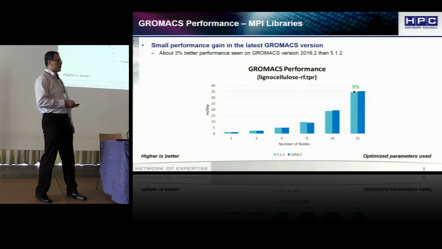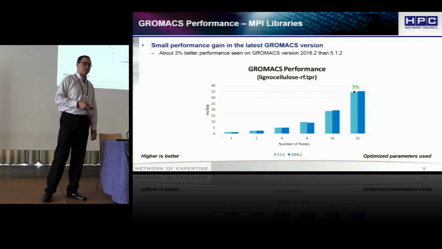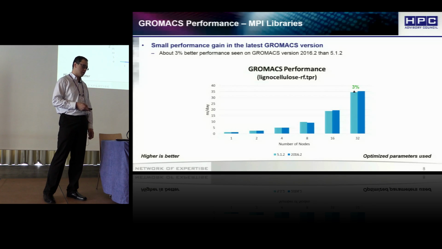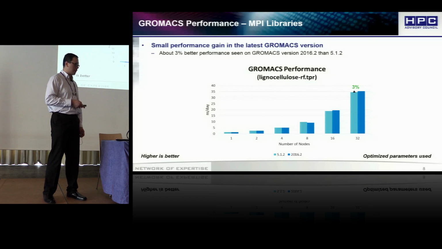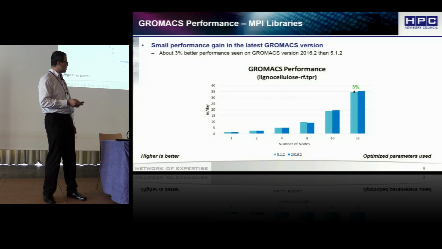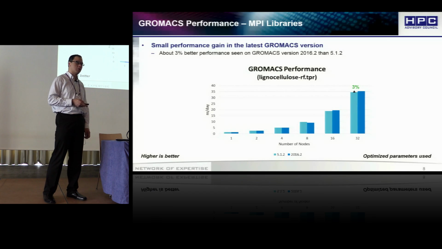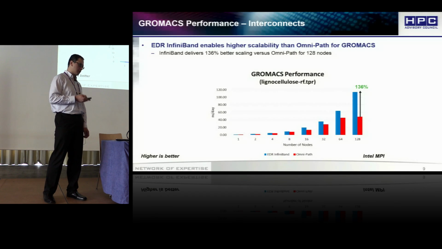The metric that we use is called ns per day, basically the number of nanoseconds of simulation that can be done on that input data in a day. We tried different versions of GROMACS to compare the performance, and we don't see much difference between this version and a slightly older one. I guess that's expected.